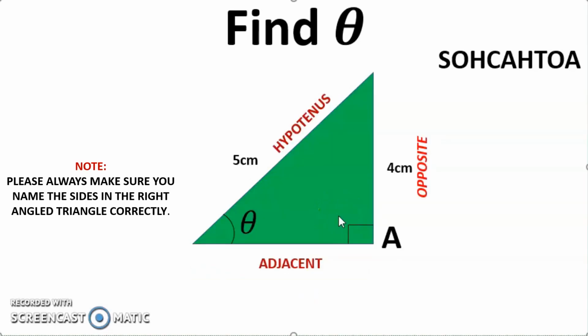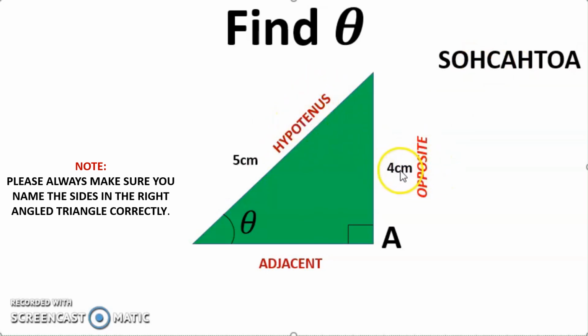Since we have named all the sides, opposite, hypotenuse, and adjacent, the next thing we are going to do will be to write out our acronym, which we have done here, Sohcahtoa.